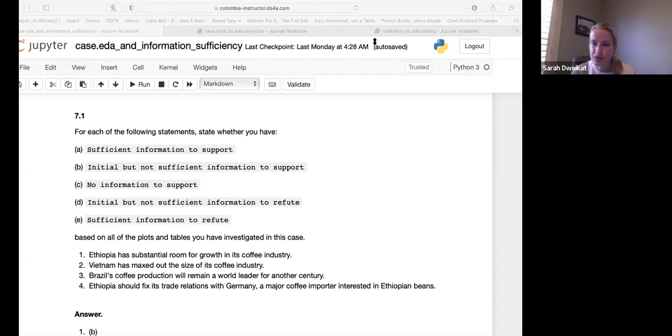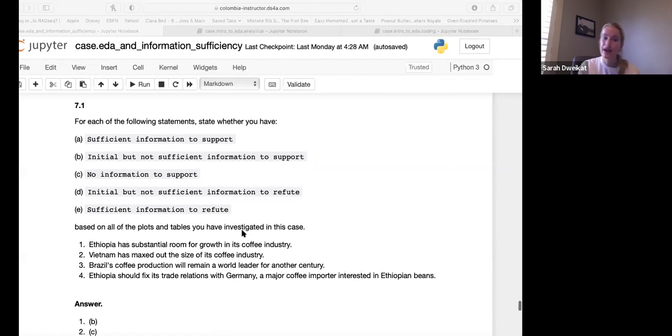For number 2, let's discuss that. Vietnam has maxed out the size of its coffee industry. For that, it looks like our most popular answer is A, sufficient information to support. But actually, for number 2, we have no information to support that.